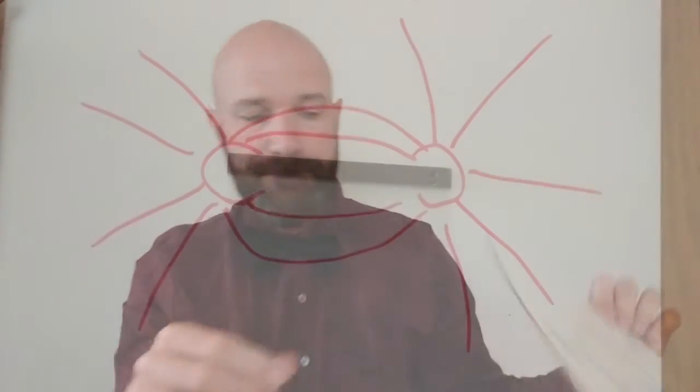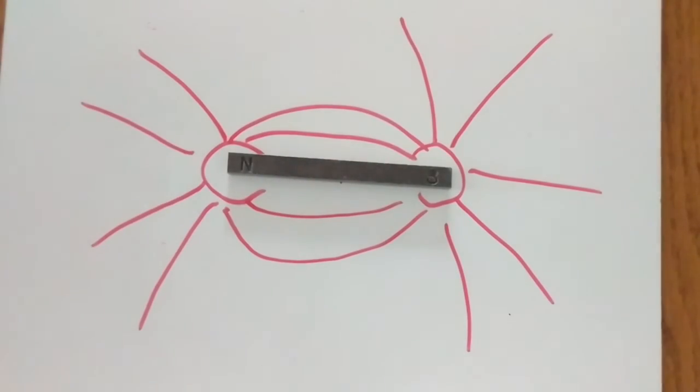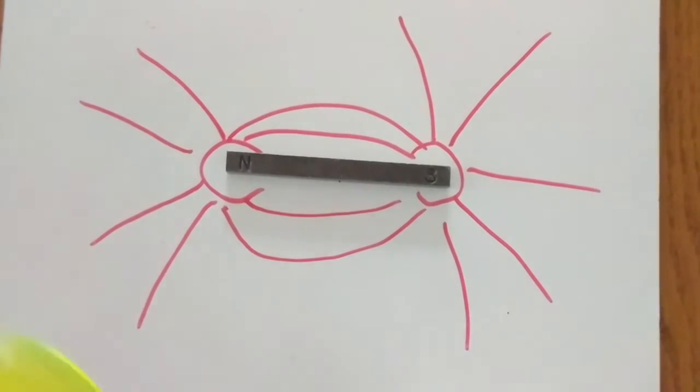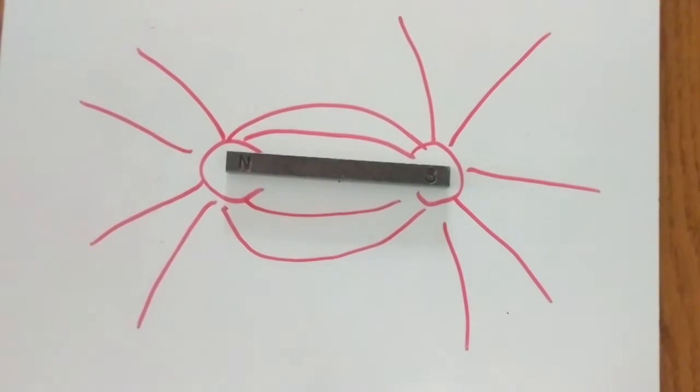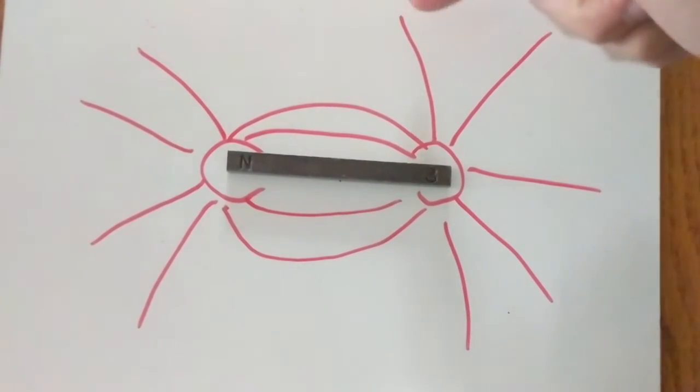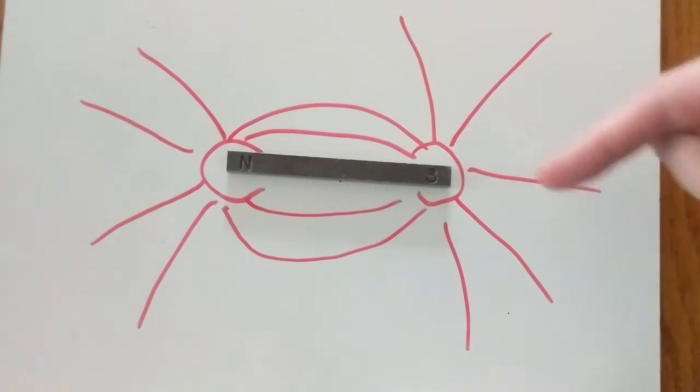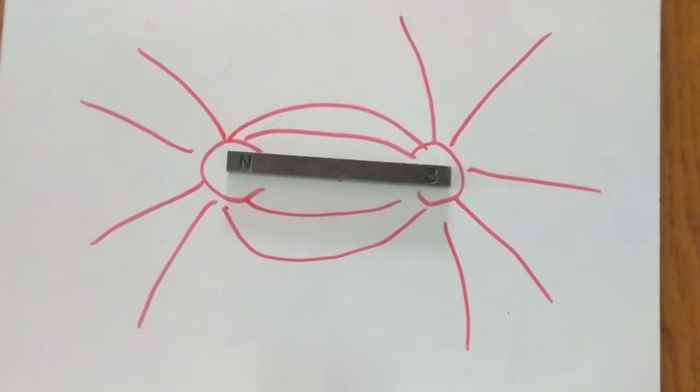Okay. Now we can prove that a compass is a magnet by bringing it near another magnet. Remember, magnets exert forces on other magnets through the magnetic field. All right. So if I bring this compass near this magnet, it's going to get caught up in its magnetic field. Now I've already drawn the lines of the magnetic field based off the pattern we saw more or less when I sprinkled all the little tiny magnets on here.